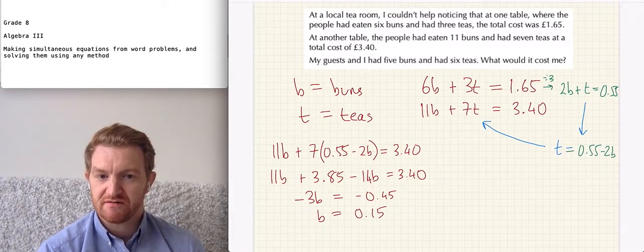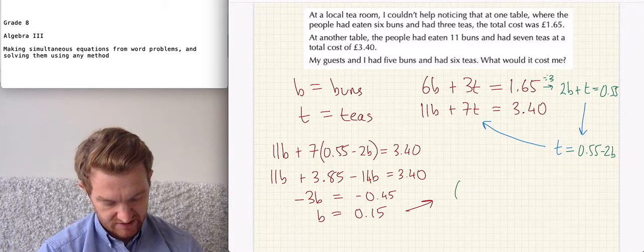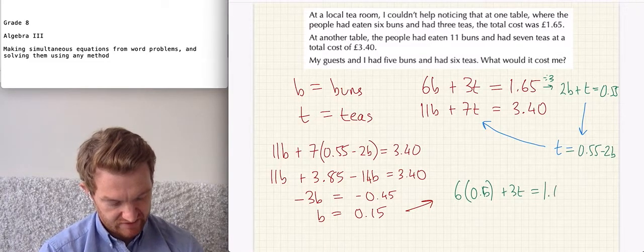So b must equal 0.15. Oh, that's a much nicer answer. Let's put that into the other equation. So 6 lots of 0.15 plus 3t is equal to 1.65. So this is 0.90, plus 3t is 1.65. 3t is 0.75.